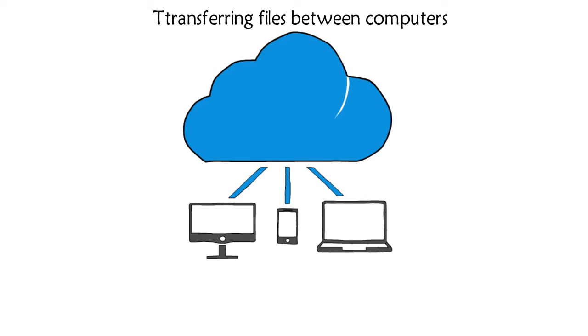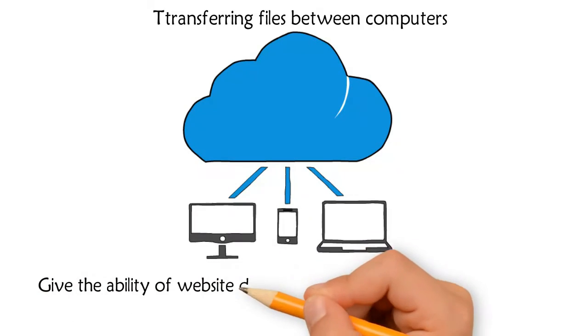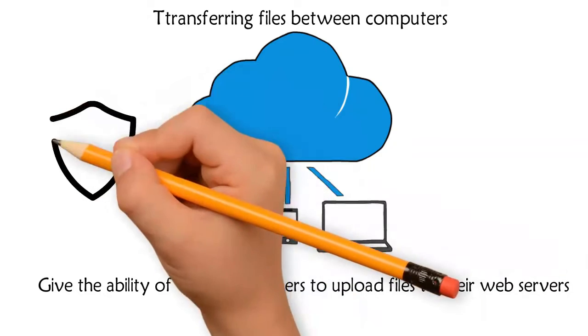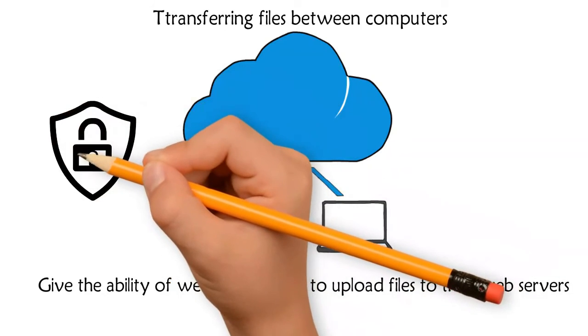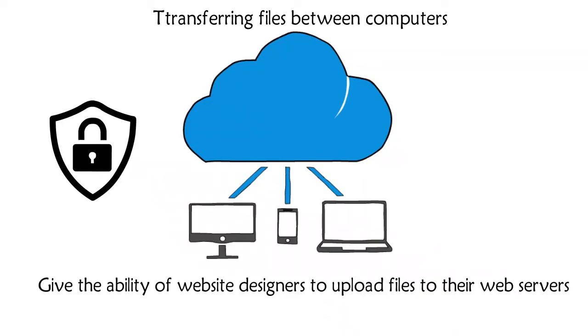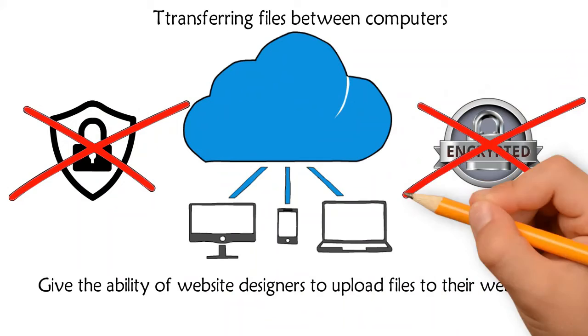And another common use of FTP is to give website designers the ability to upload files to their web servers. Now, the main drawback of using FTP is that it's not a secure protocol, so the data that's being transferred is not encrypted.